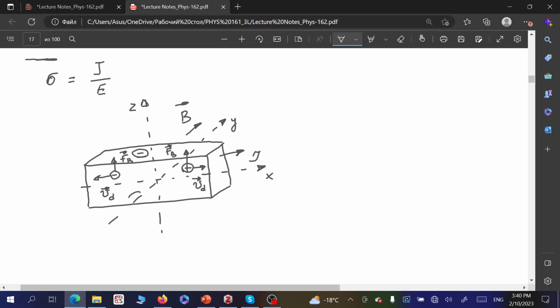So here we will get some positive charge. Maybe let me delete this, make it cleaner. So this will be some not compensated positive charge. What it means that we will create inside the sample, because of all these processes, internal electric field, so-called Hall electric field, which will be in the direction of axis z.